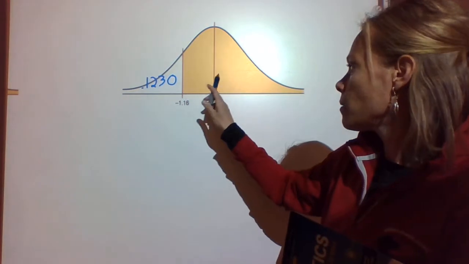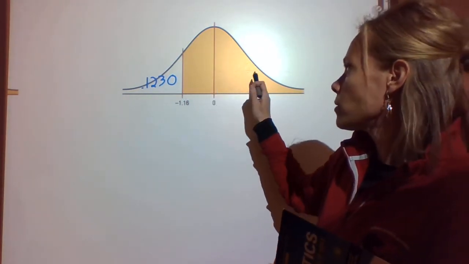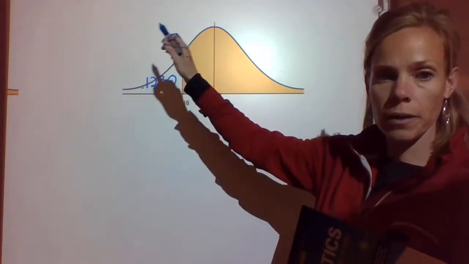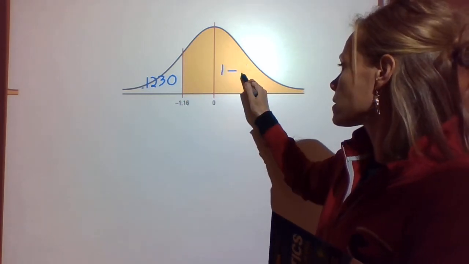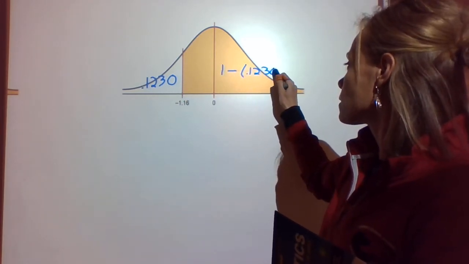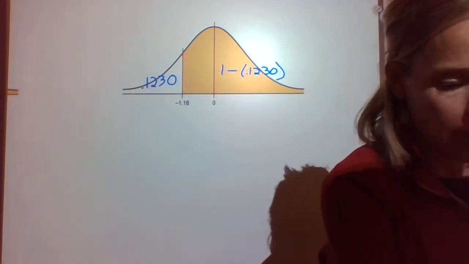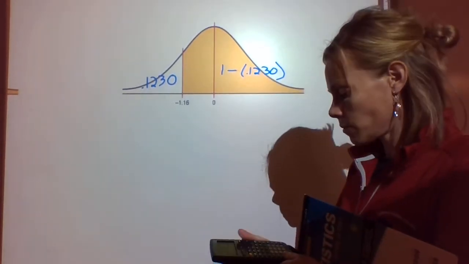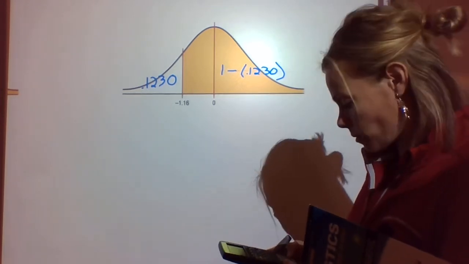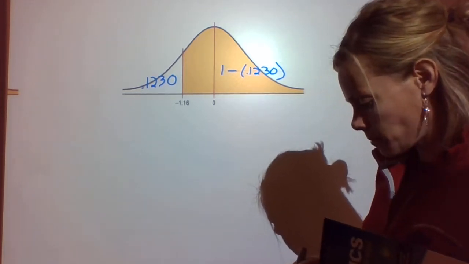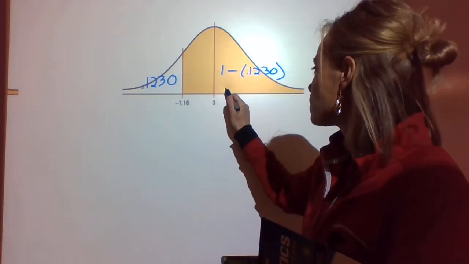Okay, but I want this area. So I know this whole thing is 100%. So to get this area, I can do 1 minus that and get what? So 1 minus 0.1230 is 0.877.